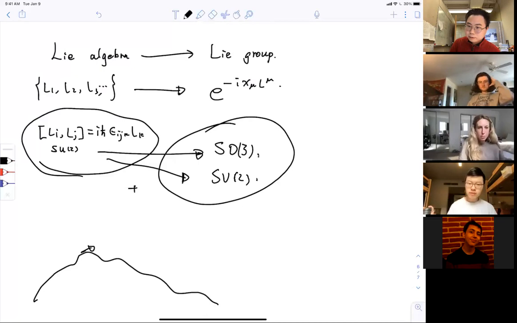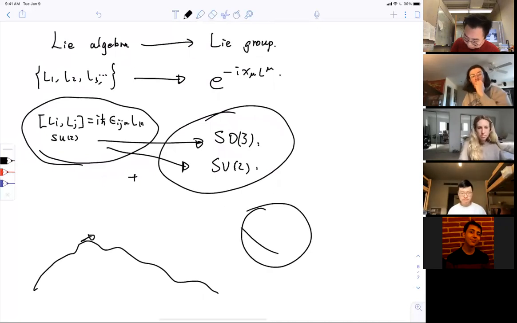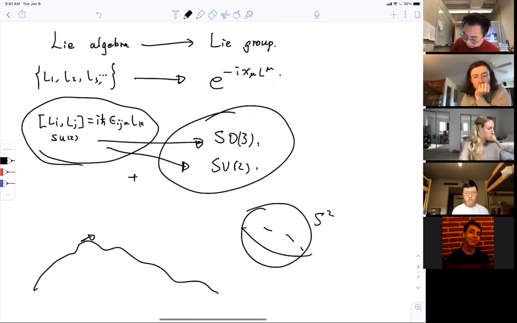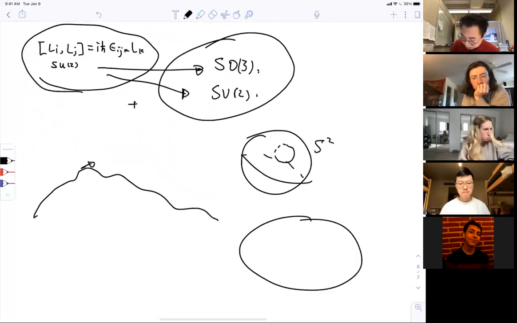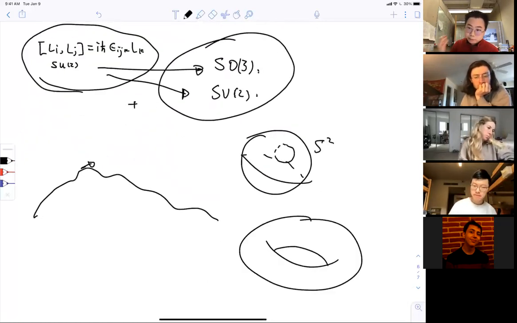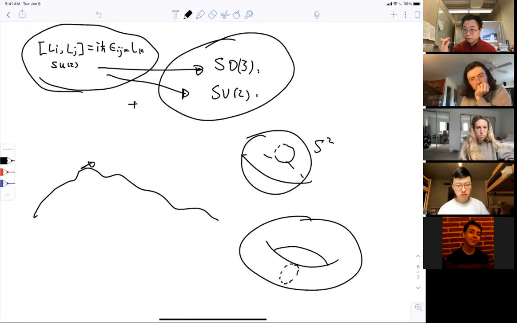Could you define simply connected? Okay, simply connected means that if you draw a circle in the manifold, it can shrink to a point. For example, a sphere is always simply connected. You draw an arbitrary circle, it can always shrink to one point. But a torus is not simply connected, right? If you draw a circle like this, there's no way to shrink it to a point.